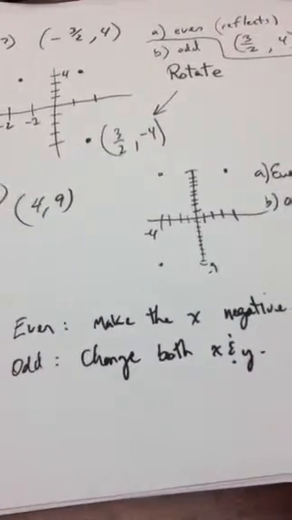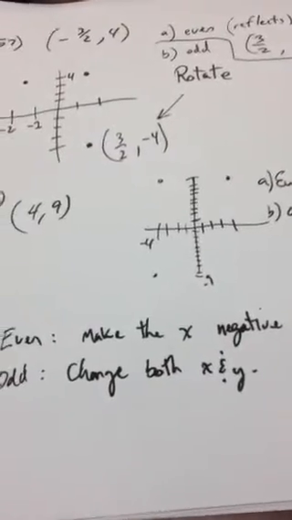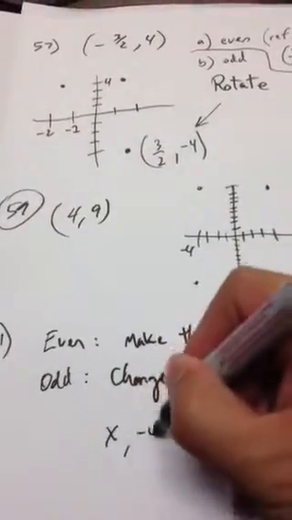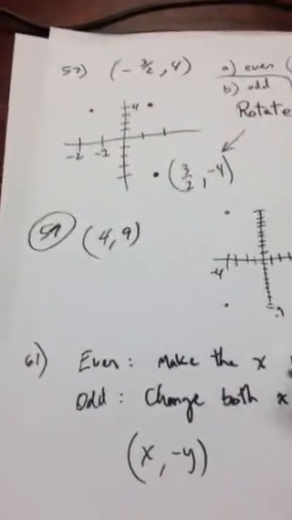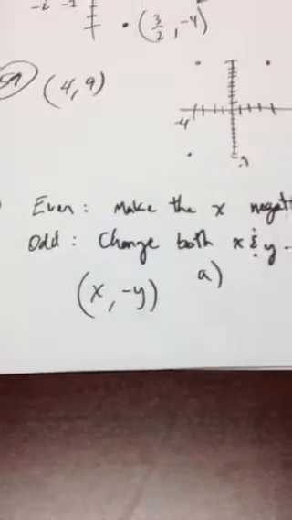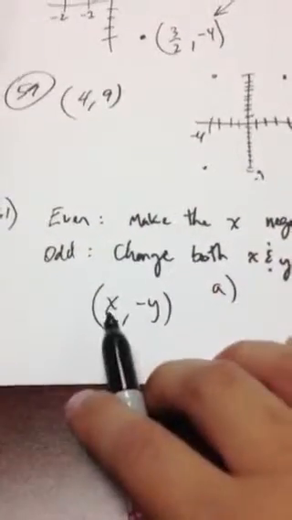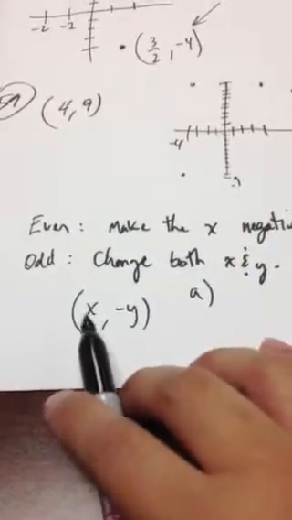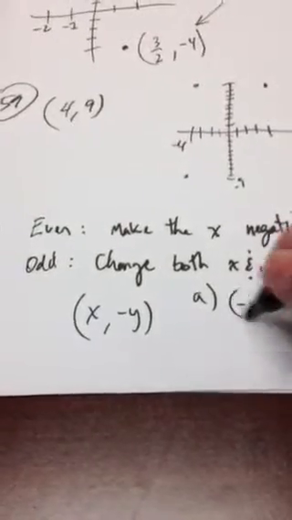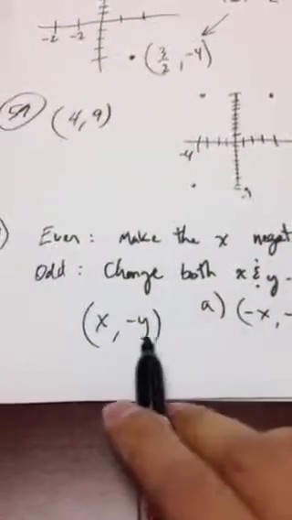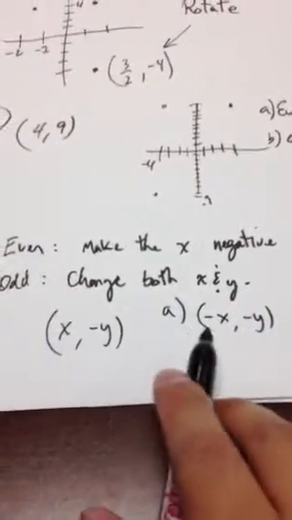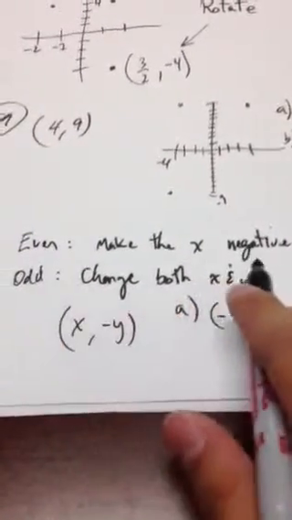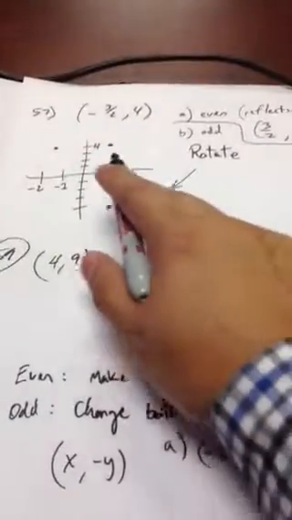So for number 61, they don't actually give you a problem. They write this, x negative y. So if you're doing this with this pattern, for A, being even means just change this sign right here. So it's going to become -x, and the y stays the same. But x switches sign for even. That's the pattern that we saw up here.